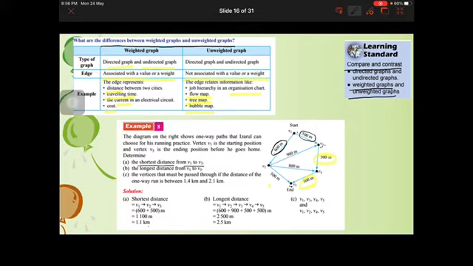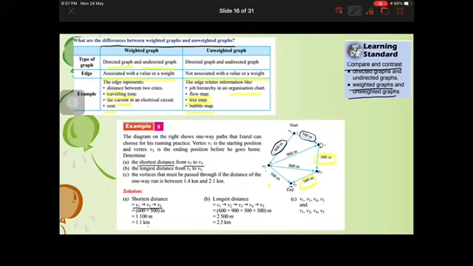We can also try V1 to V2, then V2 to V3, then V3 to V4, and then V4 to V5, but it will be longer. But the question is the shortest distance. The shortest distance means we will take the route from V1 to V2, then V2 to V5.